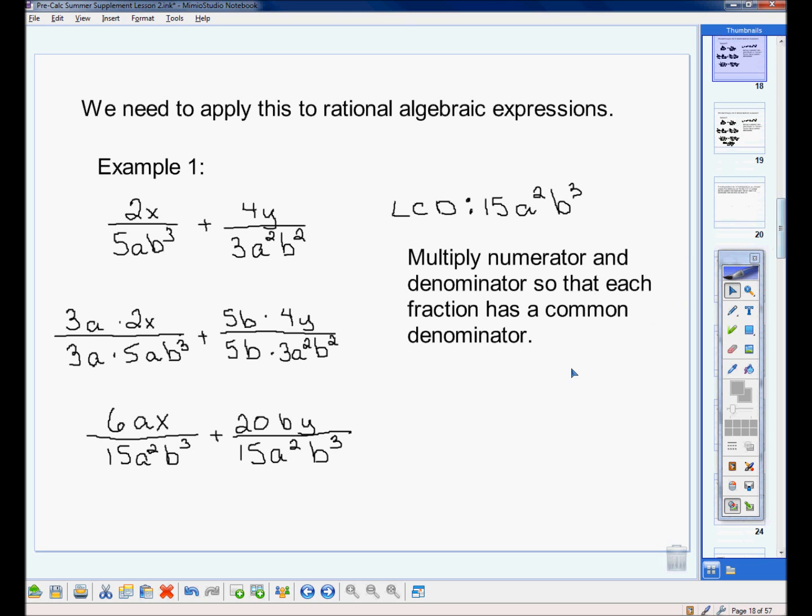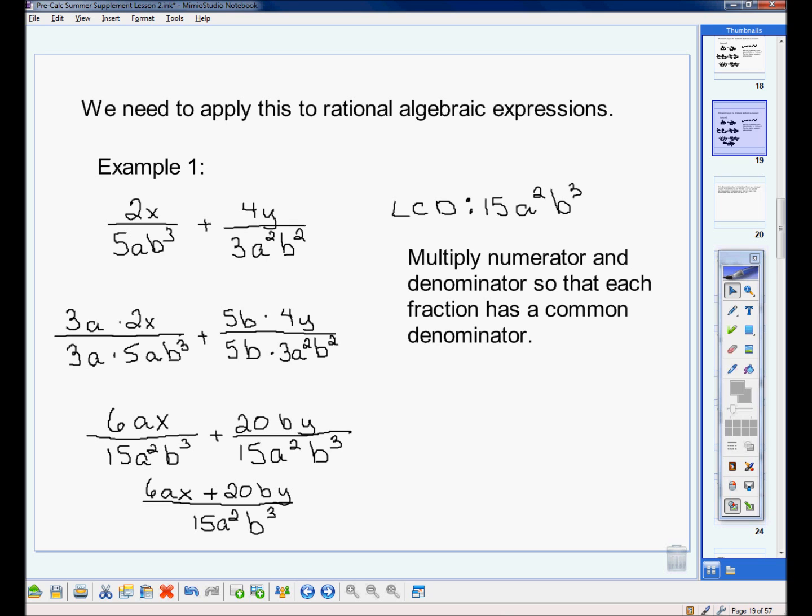Now, just like with any other fraction, after you have the common denominators, all you really need to do is add up those numerators and make it one fraction that has the denominator that you just found. 6ax plus 20by over 15a squared b to the third.